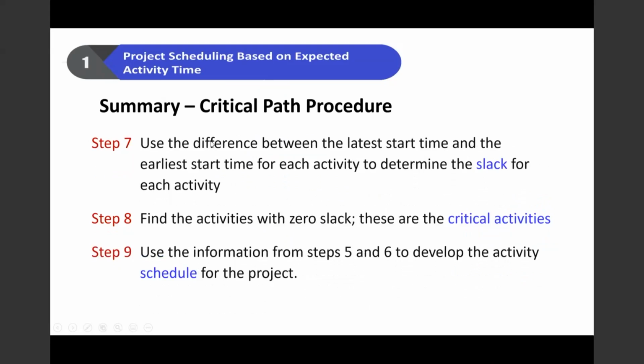Once you have completed both passes, you identify the slack for each activity. Any activities that have 0 slack are your critical activities, and the path that connects all the critical activities is your critical path. There could potentially be 2 critical paths or more, depending on the size of your project.